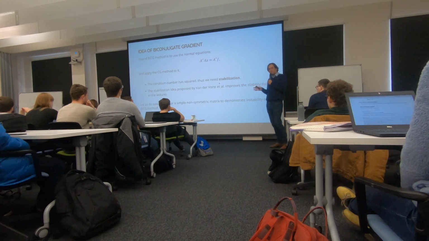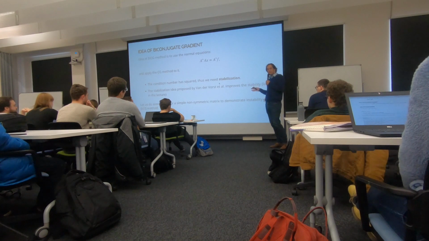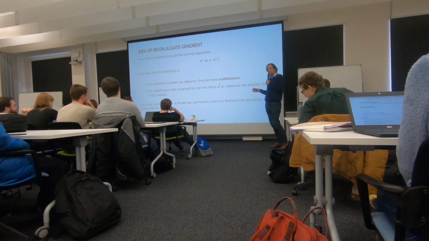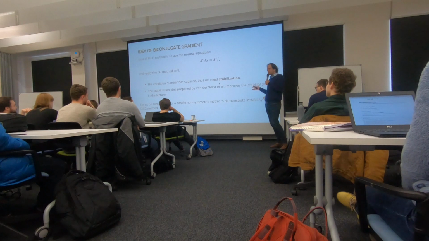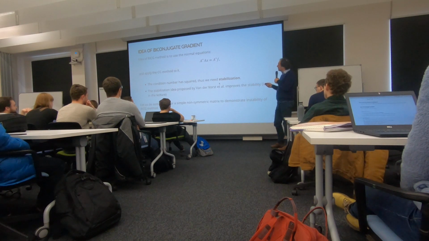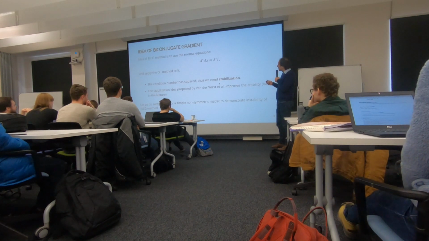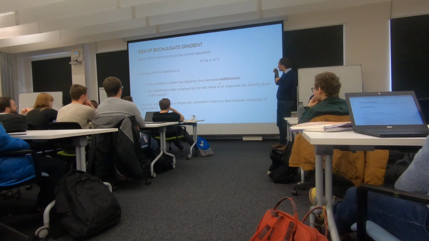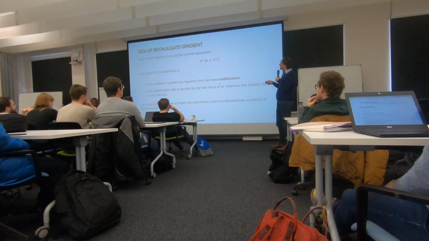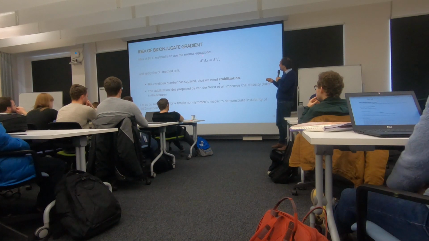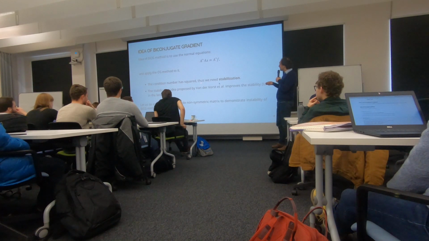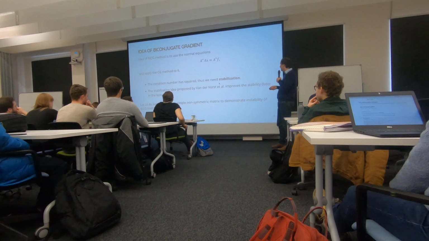There are no short-term recurrences for a general non-symmetric system if you only multiply a matrix by a vector. It's called the Faber-Manteuffel theorem, or also the Tyrtyshnikov-Voevodin theorem, from somewhere in the 1980s. So the condition number is squared, so we need some sort of stabilization.